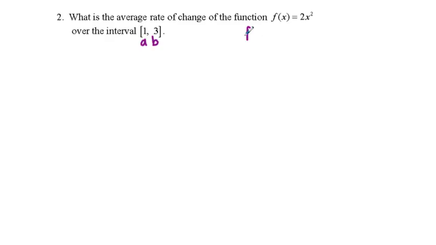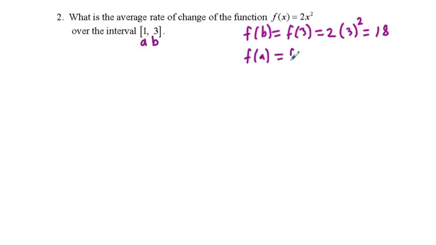So we'll say f of b is going to be f of 3 or 2 times 3 squared, which is 2 times 9, which is 18. And f of a is equal to f of 1, which is 2 times 1 squared, which equals 2.